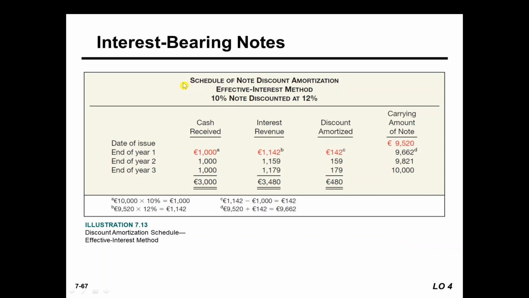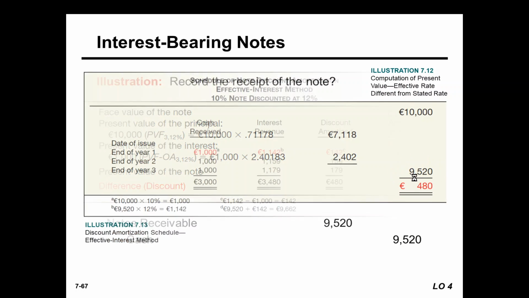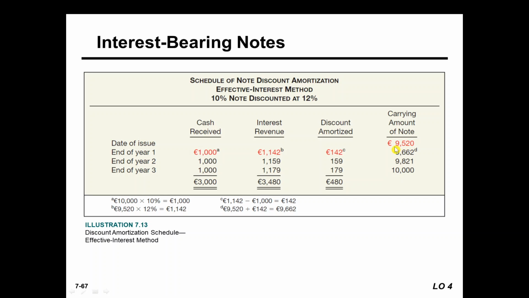Then we come to the schedule of notes discount amortization. Here, as you can see, the columns are cash received, then interest revenue, and discount amortized. We start with the carrying amount of 9,520 as we have it here. So this 9,520 is the carrying amount. So we start from here.